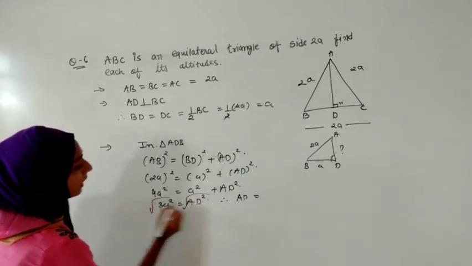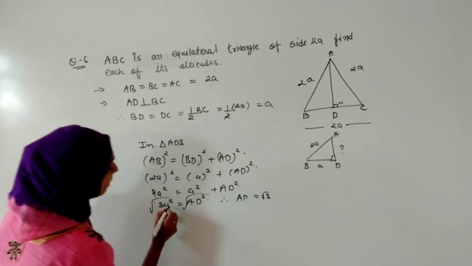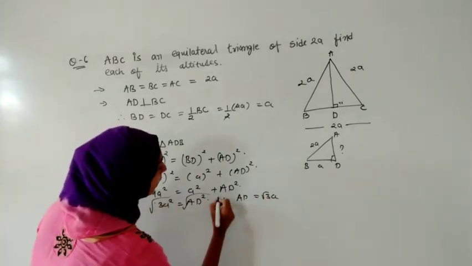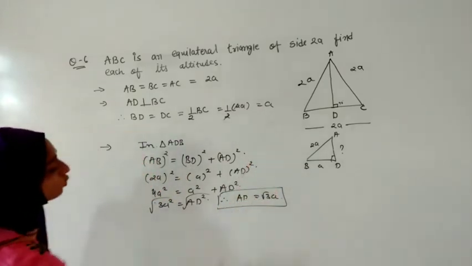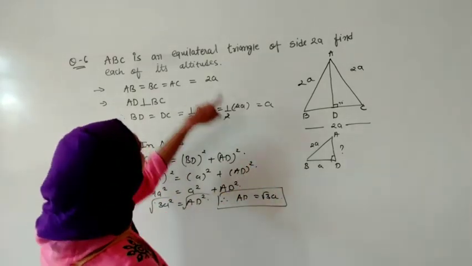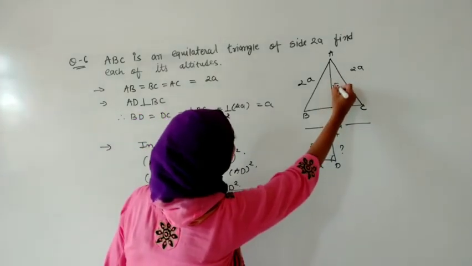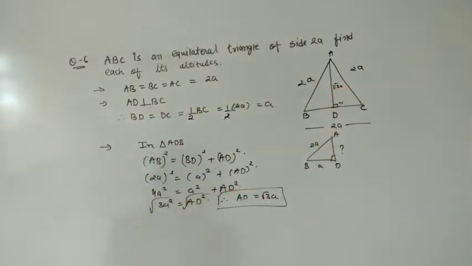And here under root 3 will remain, and the square root of A square will become A only. So this is the answer of this question. We have found the altitude, and the value of the altitude is root 3 A. And these kinds of questions are very easy to solve.